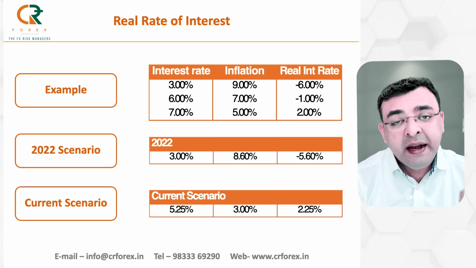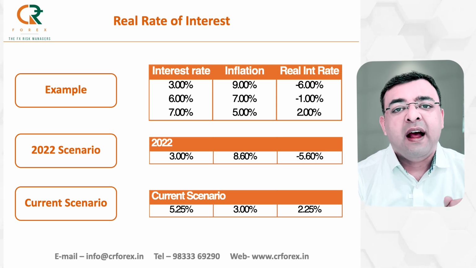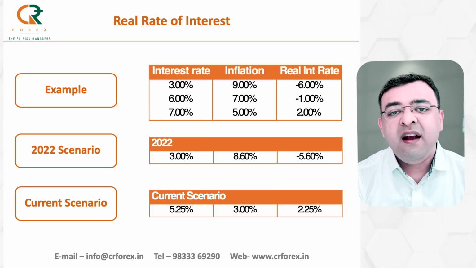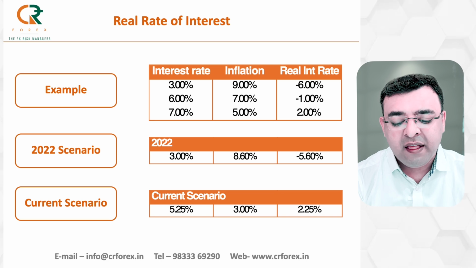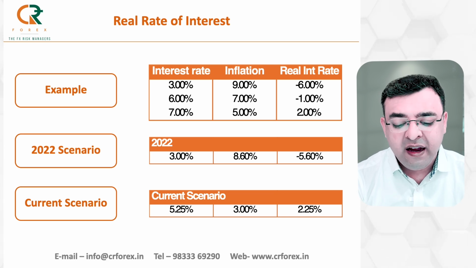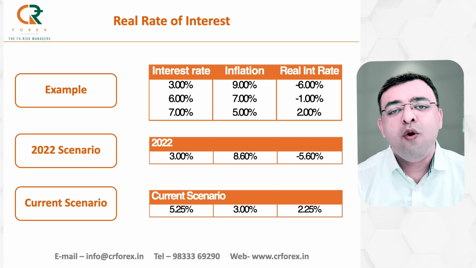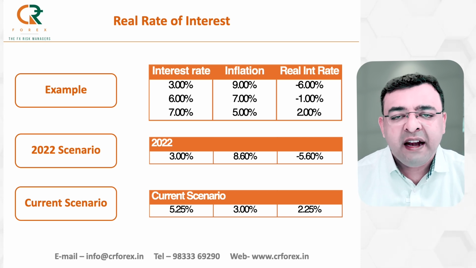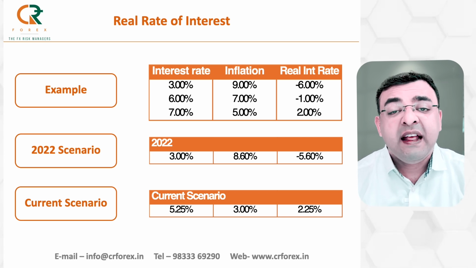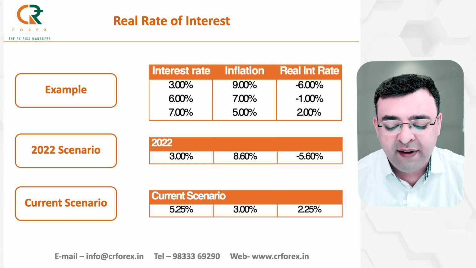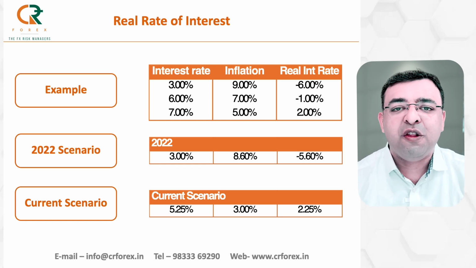In 2022, the US was in a negative real rate of return. For example, at that point of time, interest rate was 3% and inflation was 8.6%, so the real rate of return was negative, minus 5.6%. At the current point of time, the real rate of interest is positive.